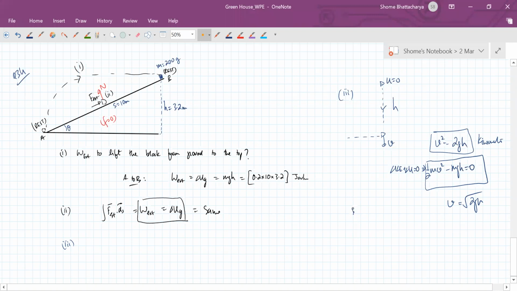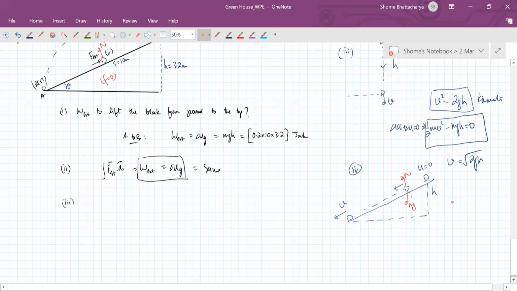Whereas in the fourth part, if it is sliding down the inclined plane, by the time it reaches the bottom, it will have some speed v. Now here also you can use that same concept. Normal reaction is not doing any work, and mg is a conservative force.